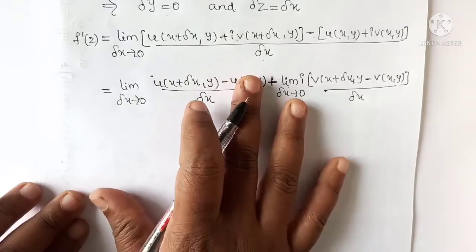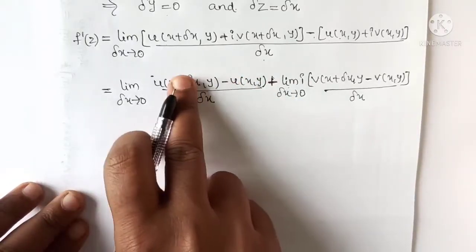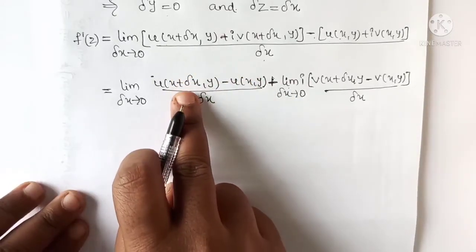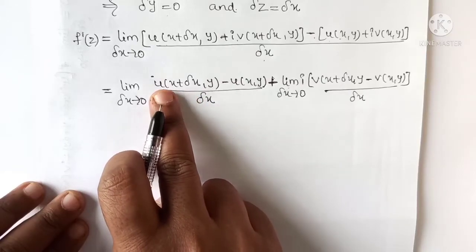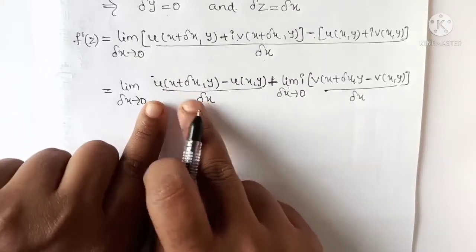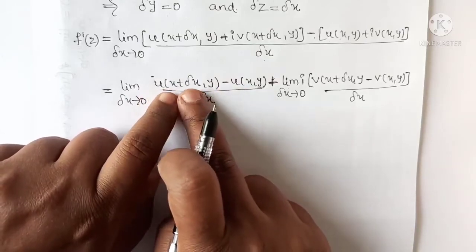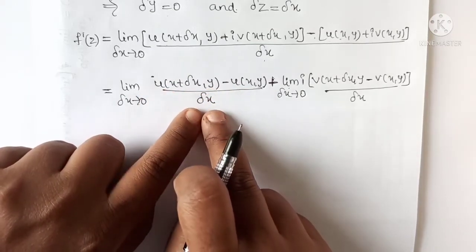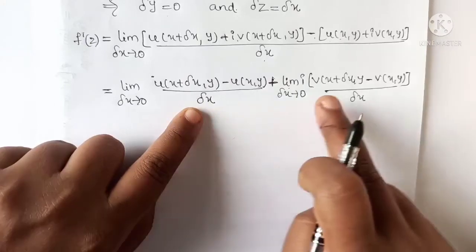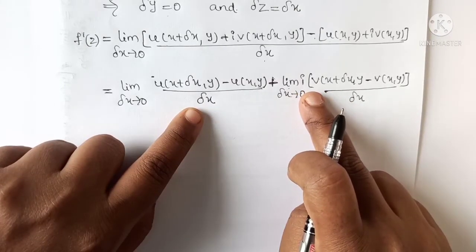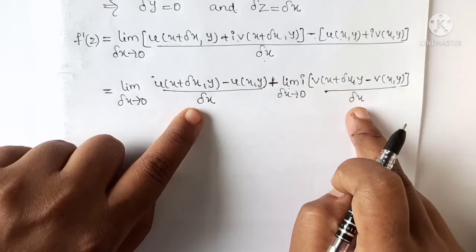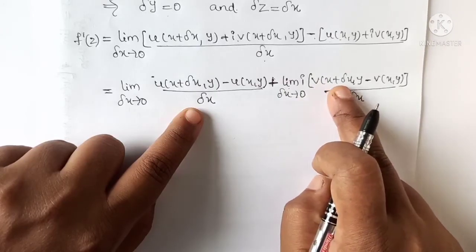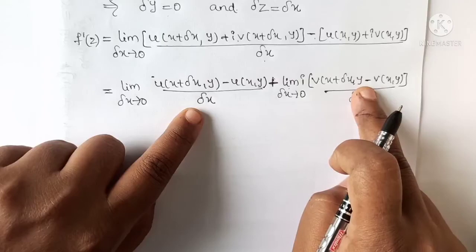Now you can observe that this is the partial derivative of u with respect to x. Here we have the u term, so only x is changing but y is constant, and in the denominator also we have delta x. Similarly this is the partial derivative of v with respect to x, because x is changing but y is constant.